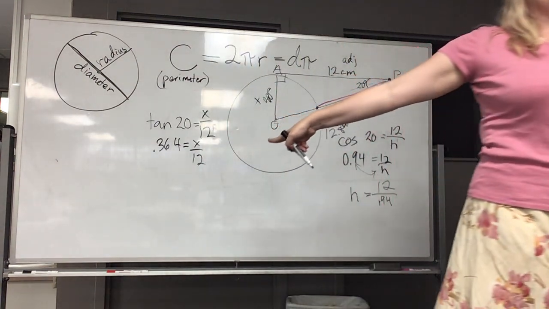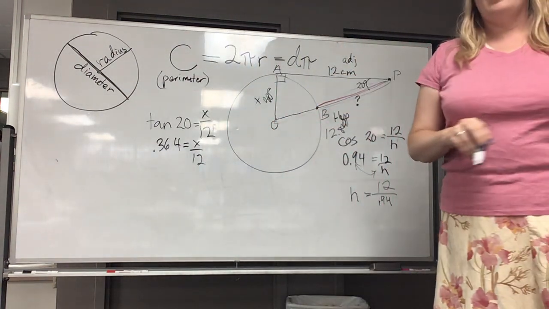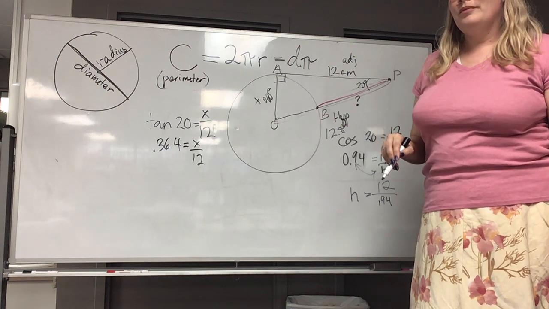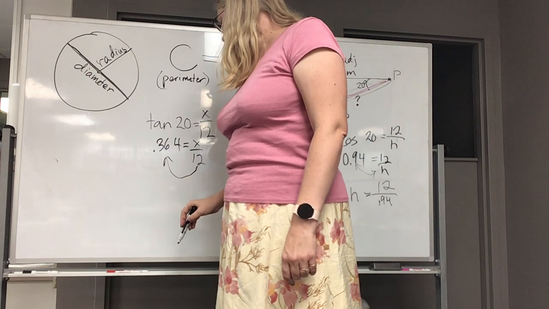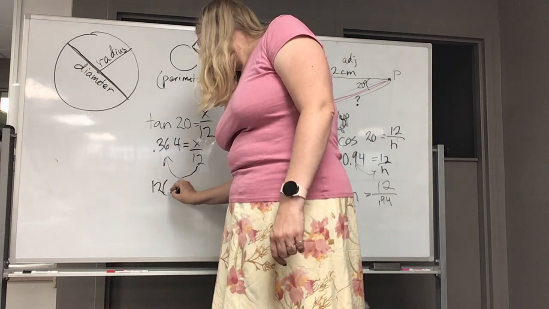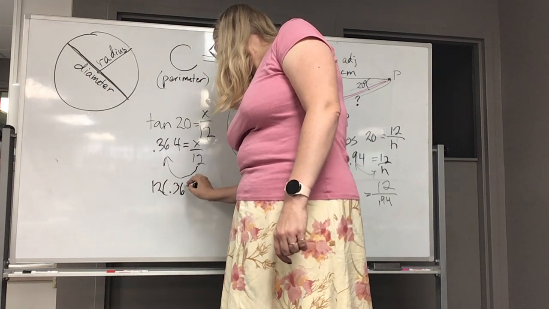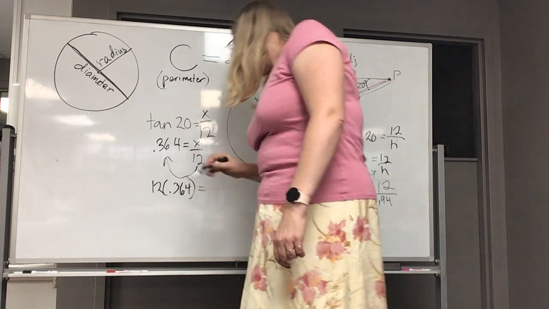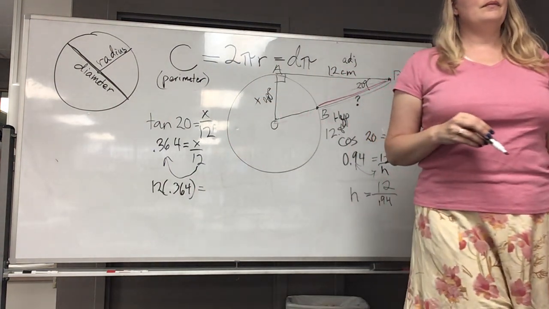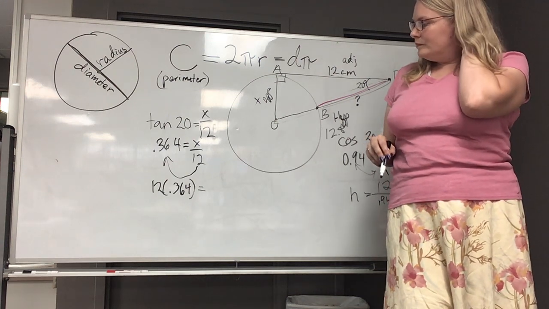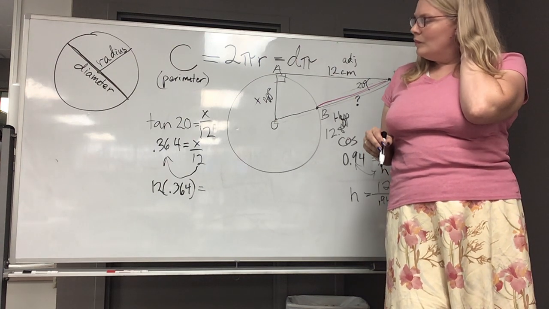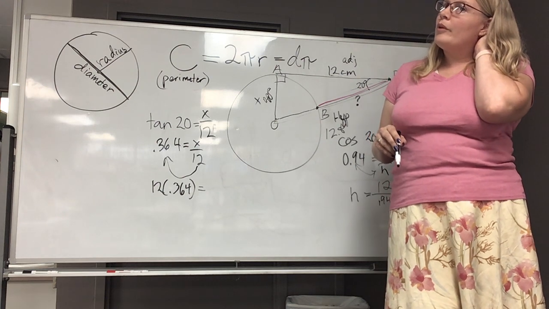Variable on the top of a fraction is easier. How do I solve for x? Times 12. So we're going to take 12 times 0.364. And what do we get? A little bit more than 3.